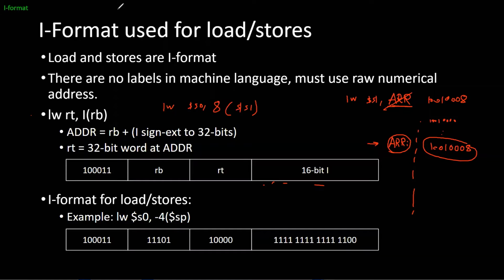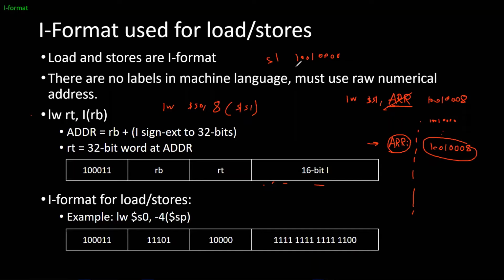How that works is that we are going to calculate this address. Normally, let's say S1 was 1001 0000, and you only had load word S0, S1, so you didn't have this offset of 8.